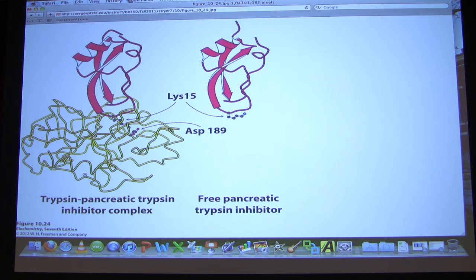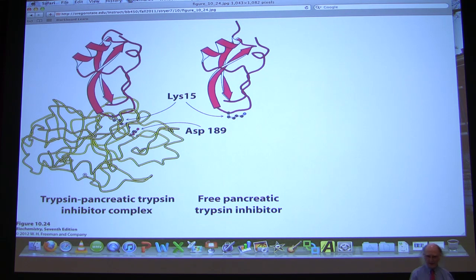So having the proper balance of functional alpha-1 antitrypsin in our lungs is very, very important. If we don't have enough alpha-1 antitrypsin in our lungs, we will develop emphysema. If we have too much, we may be more susceptible to infections. Balance is good. Balance is important.